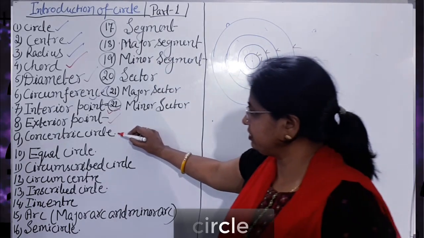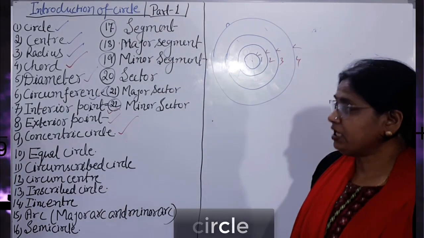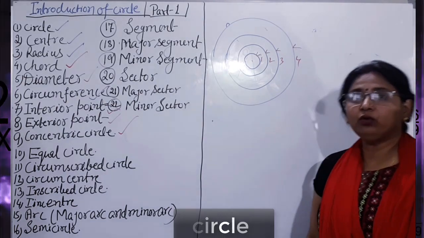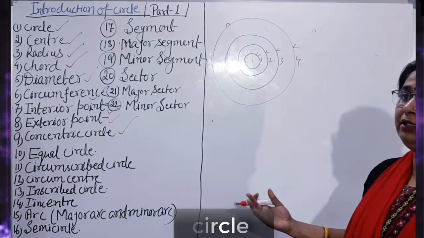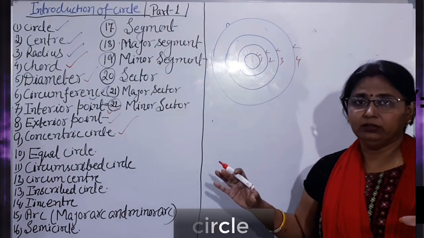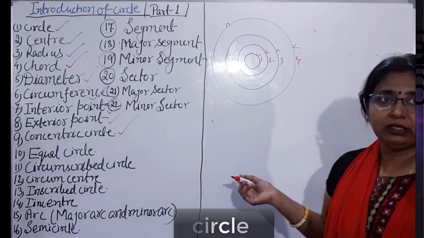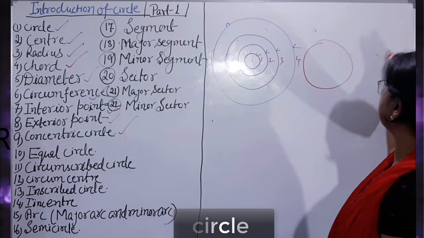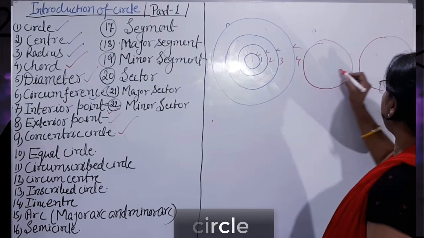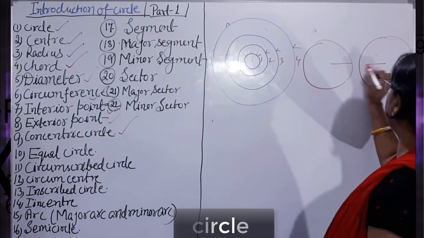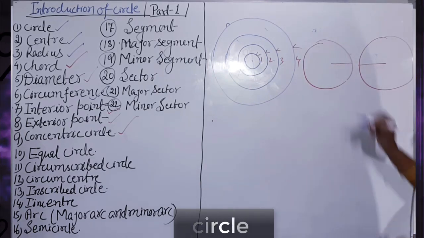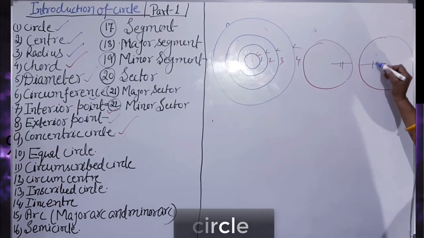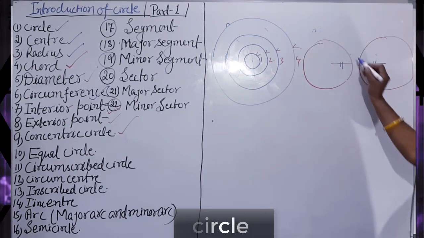This is concentric circle. Now equal circle. How to define 2 circles are equal? The 2 circles have equal radius. 2 circles having equal radii are called equal circles.